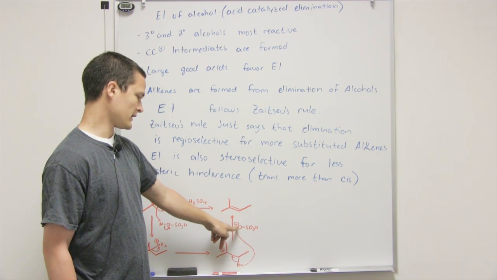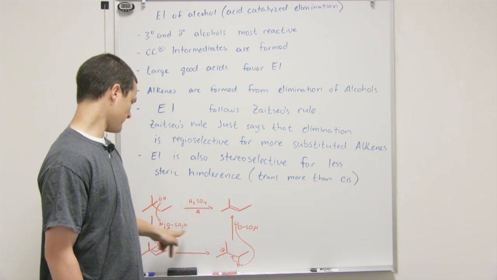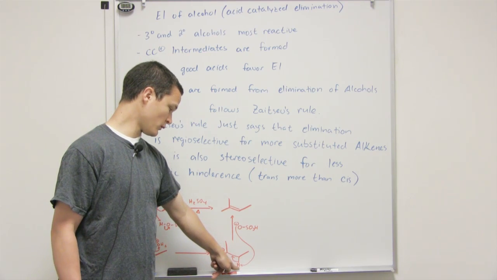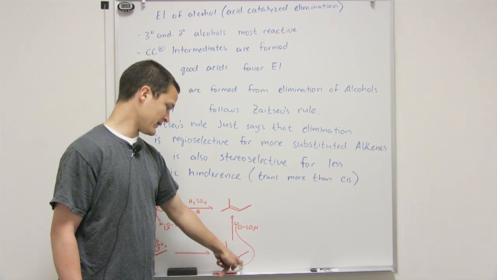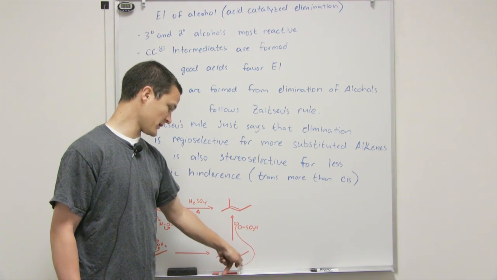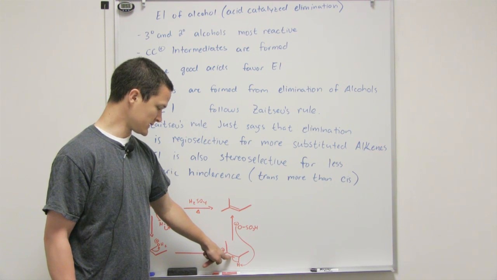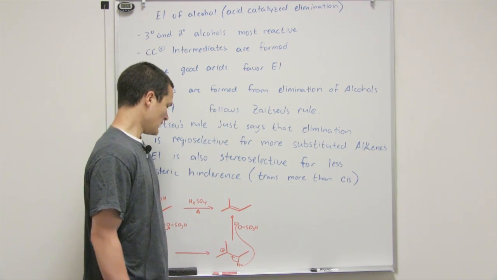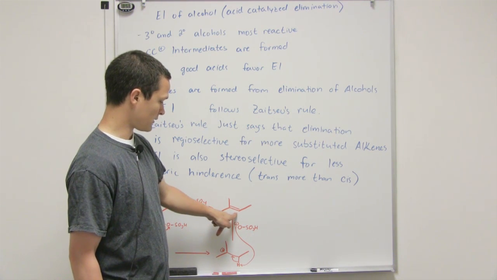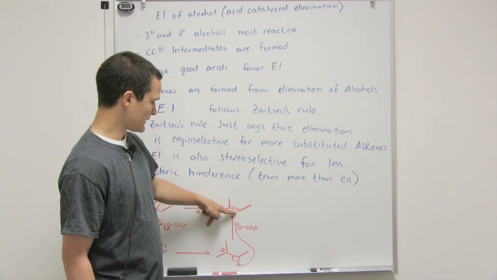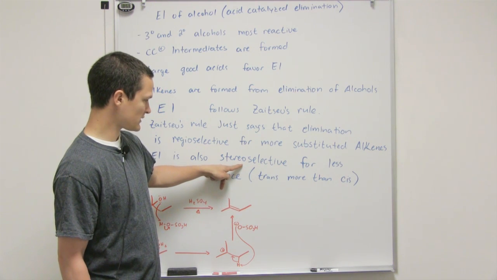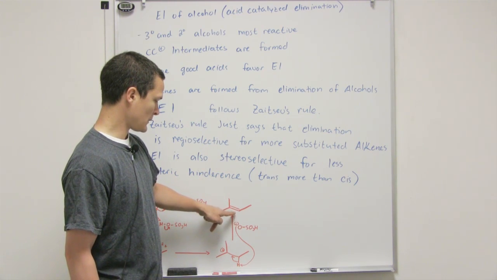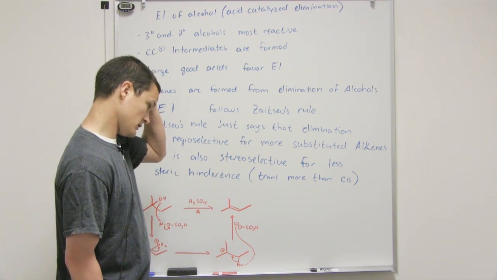The electrons on the oxygen that we formed earlier are going to remove one of the hydrogens here, and the electrons in the hydrogen-carbon bond are going to fall down and give us a double bond there. So you can ask yourself, did we utilize a stereoselective process or a regioselective process when we put the double bond there?